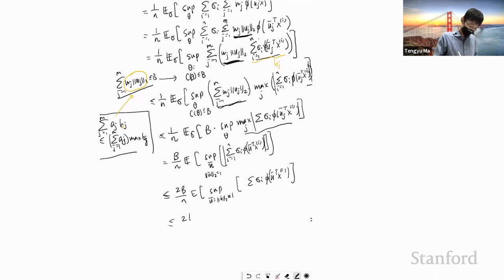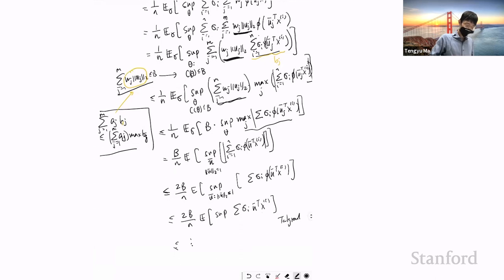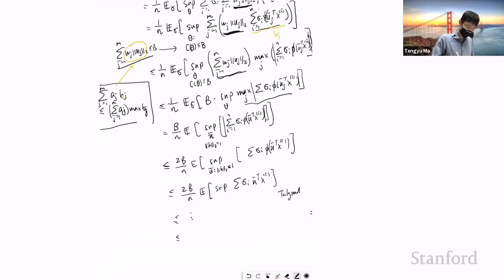So you can get rid of the phi. So this is the Talagrand lemma, and then this becomes the complexity of the linear model, and you do some things, and then you can get the same thing like 2bc over square root n, where the c comes from the norm of the xi.